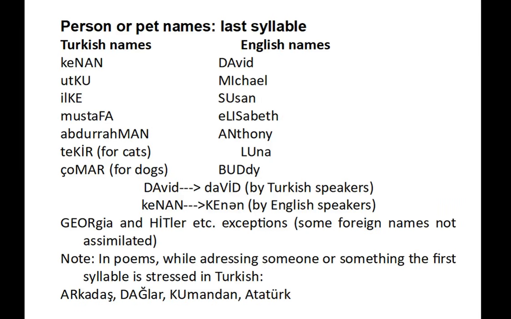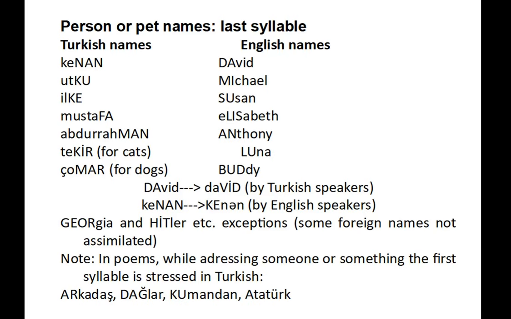That's why Turkish people say David with the stress on the second syllable, because we have the stress on the last syllable. Like when we hear English speakers, instead of Kenan, they say Canon. This tendency comes from their original language, actually.